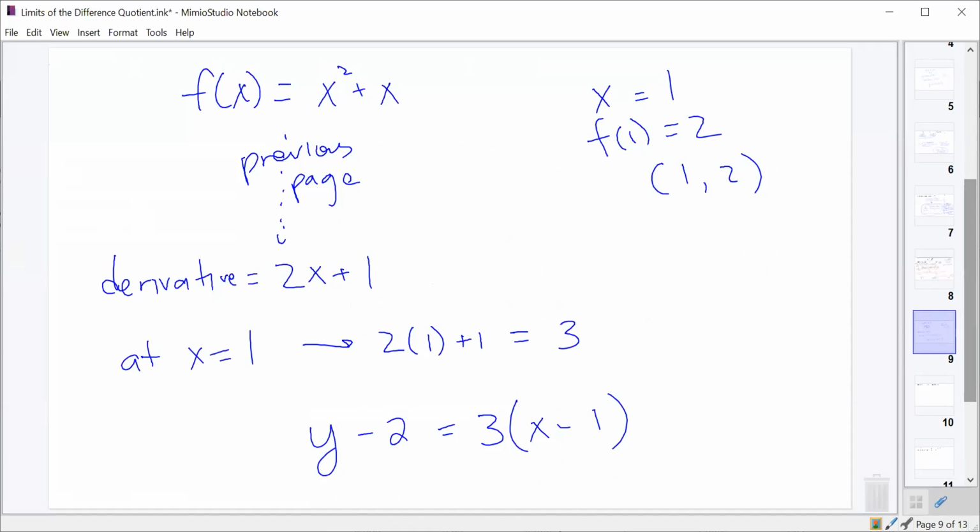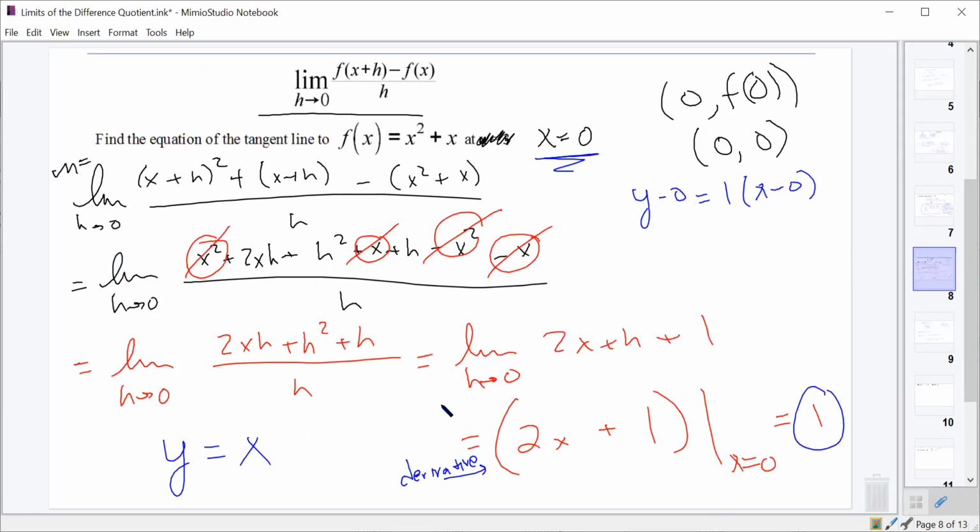So when you take derivatives, it's like at specific points, right? So it would be different if you chose a different point. So the derivative is specific to the function, right? The derivative itself is 2x plus 1 for this. So we went through and did all that process and got that the derivative was 2x plus 1. No matter what, for x squared plus x, the derivative is 2x plus 1.